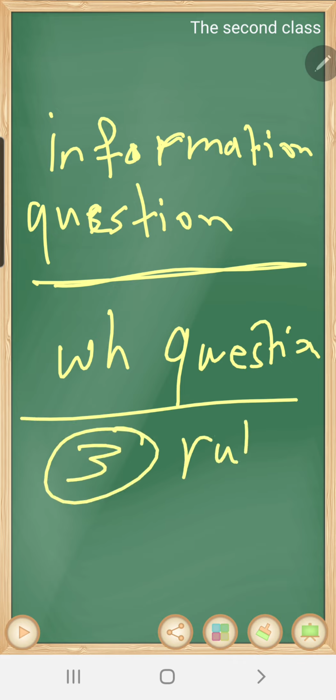Okay, information questions are the same of WH question. There are 3 rules for making information or WH question.